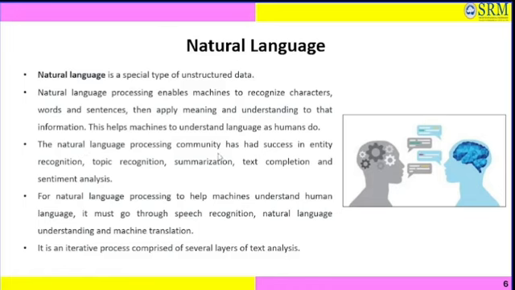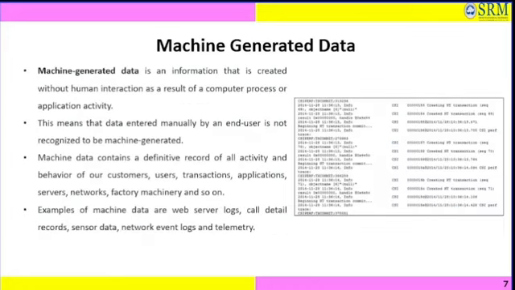The natural language processing community has had success in entity recognition, topic recognition, summarization, text completion, and sentiment analysis. For natural language processing, to help machines understand human language, it must go through speech recognition, natural language understanding, and machine translation. It is an iterative process comprised of several layers of text analysis.